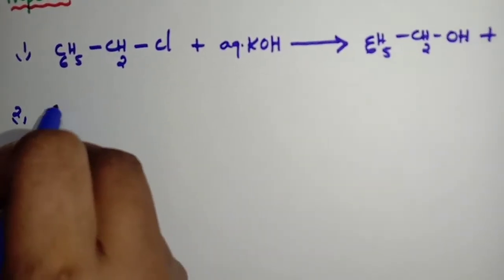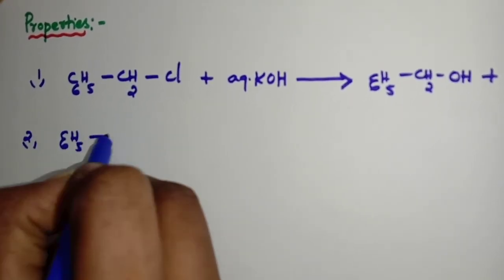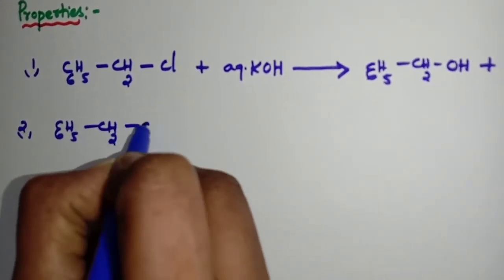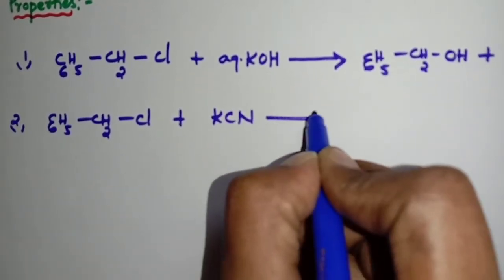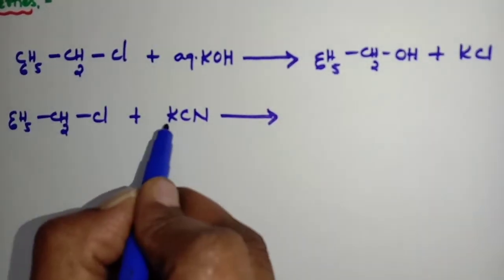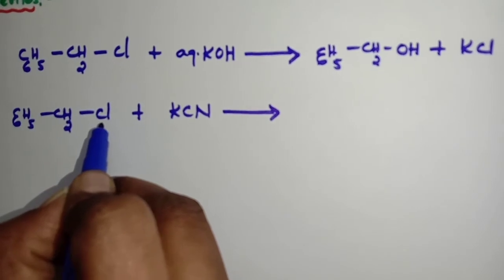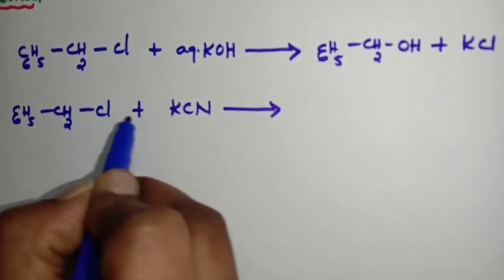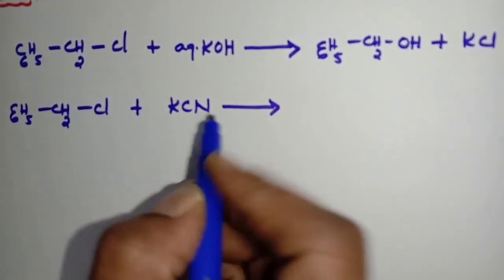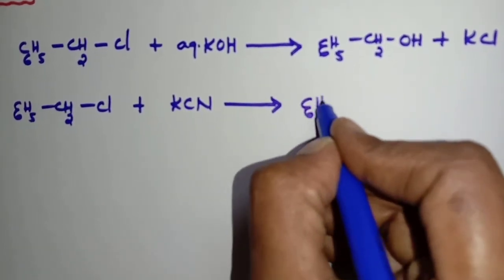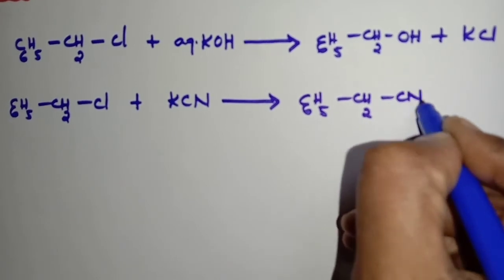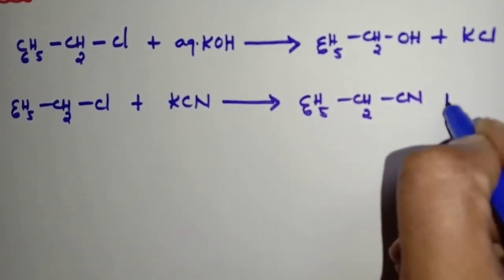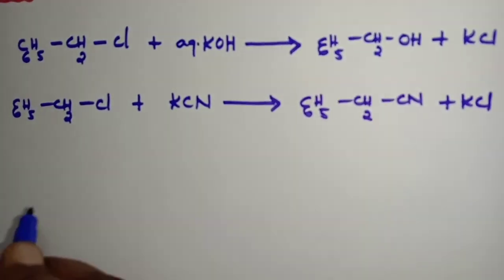Next, second one, taking again benzyl chloride C6H5CH2Cl plus KCN, potassium cyanide. Again what happens? This K and Cl comes out as KCl. Now this place is vacant and now this is substituted by CN group. So we get C6H5CH2CN, benzyl cyanide plus KCl.